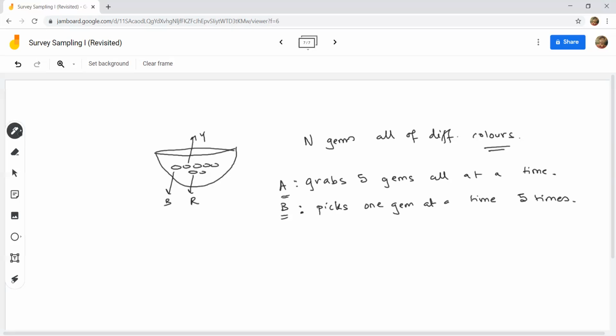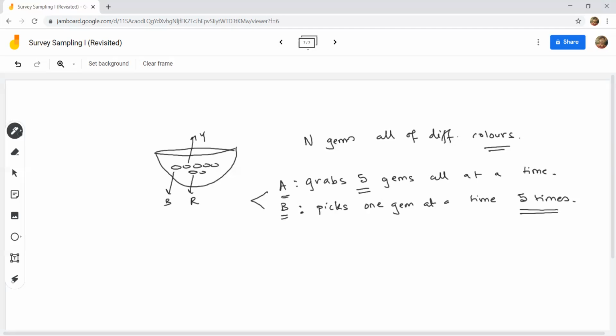So these are apparently two different schemes of drawing 5 gems. I'm interested in drawing 5 gems from this entire population, and two observers A and B. One of them is grabbing 5 gems all at a time by dipping his hand into the bowl, and the other observer is picking 1 gem at a time 5 times, each time by closing his eyes and randomly. So assuming randomness, these two seem to be different sampling schemes.